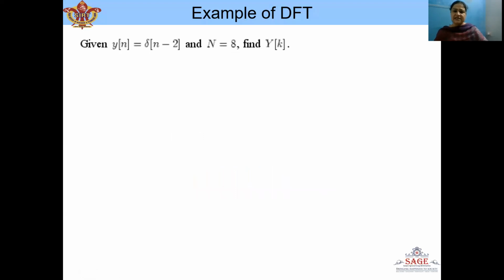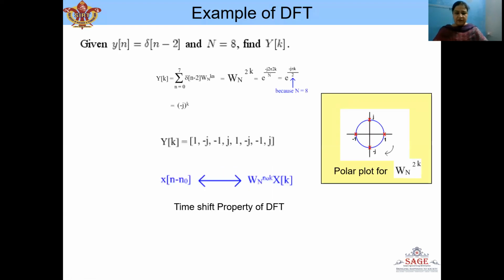Next, I want to find the DFT of the signal y(n), which is delta(n minus 2), and the value of capital N is 8. Here I am using the formula for the DFT, and in place of the function I take delta(n minus 2).